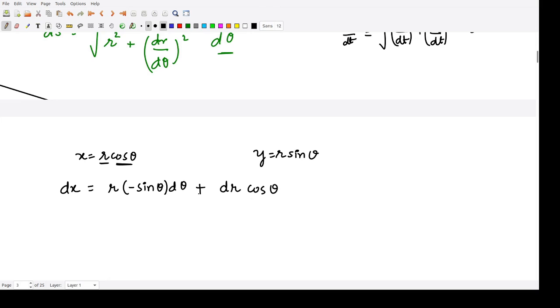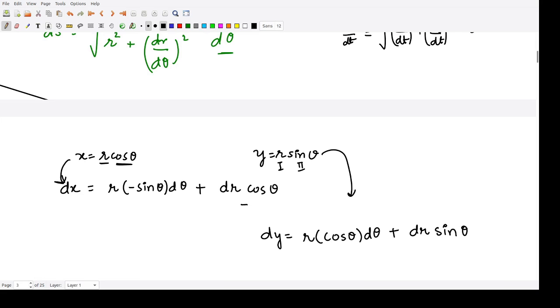This is the differentiation of x. And when you differentiate y, you would have dy equal to first function as such, then the derivative of second would be cos theta d theta, and then first function's derivative and sin theta as such. Say this is our equation number 1, this is our equation number 2.